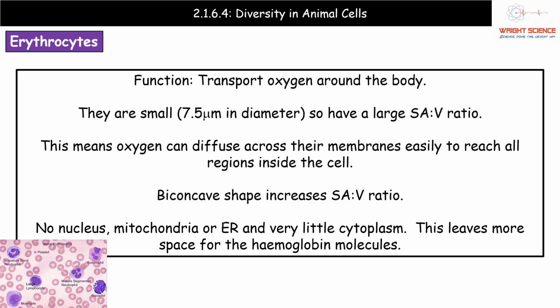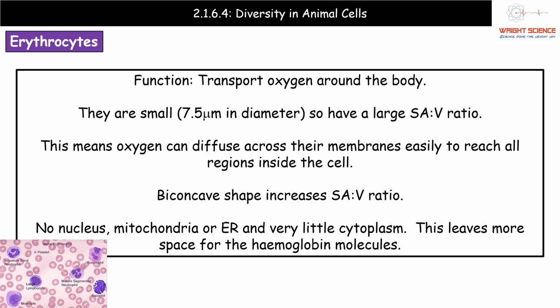The function of the erythrocytes is to transport oxygen around the body, and when we think about the actual erythrocyte itself, these are small cells with a large surface area to volume ratio, and that's going to be really important in that transport of oxygen function, because oxygen is going to be able to diffuse across the membranes of these erythrocytes easily, and that means it's going to let rapid diffusion take place. So we're able to load oxygen into these red blood cells, these erythrocytes, really quickly.